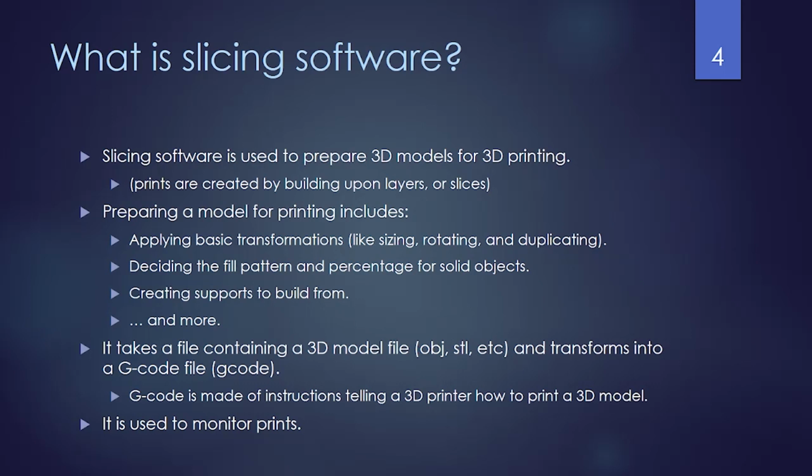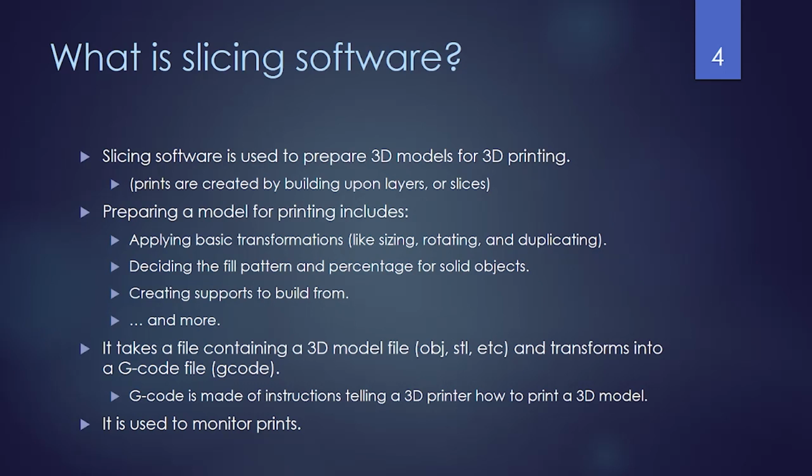Preparing a model for printing includes applying basic transformations like resizing, rotating, maybe duplicating, also deciding what fill pattern you want to use and how much you want to fill. It also includes creating supports to build from. Since you're building upon layers, if you have an overhang, you can't just start building the overhang from space. You need supports to build up from, then you'd shave those off later. There's a few other things as well.